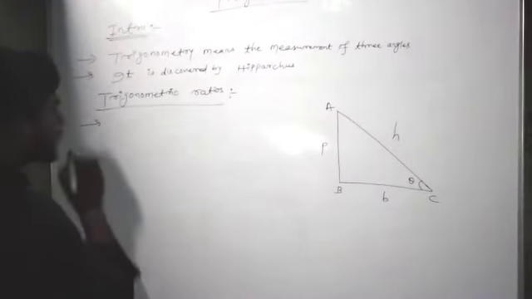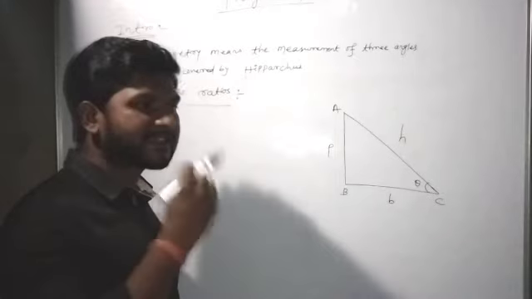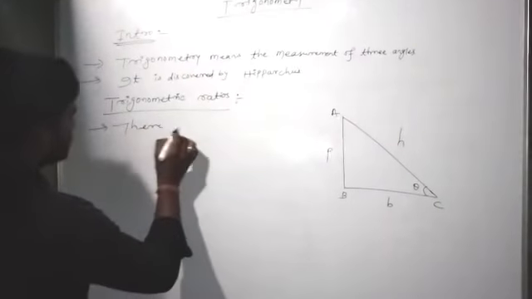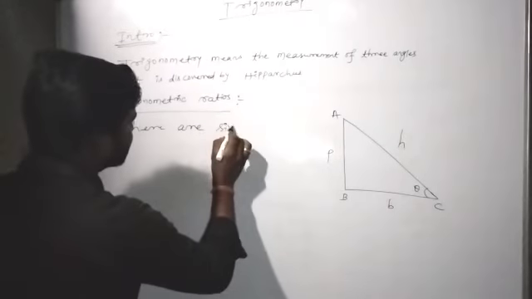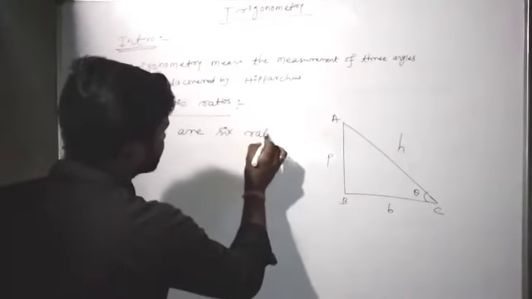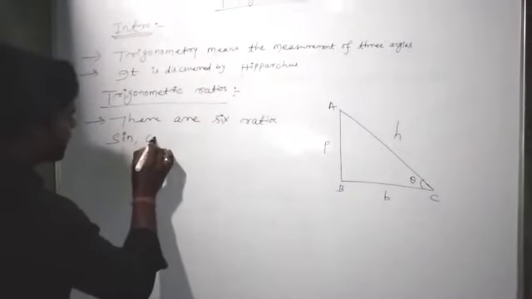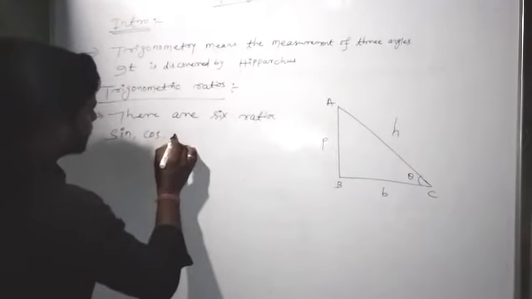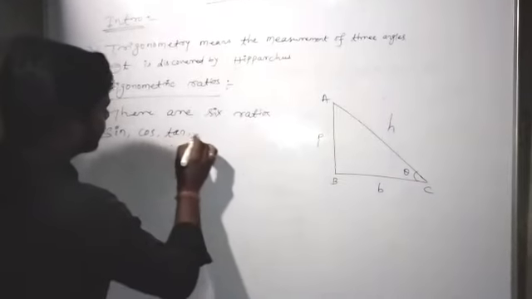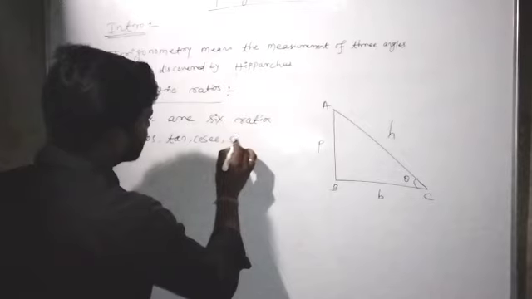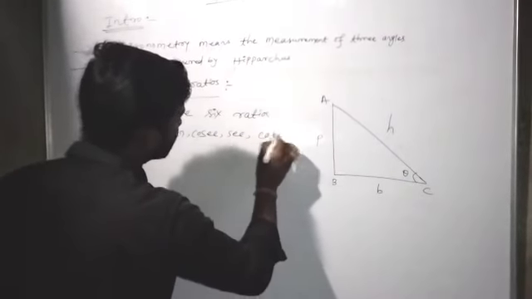So there are six types of trigonometric ratios. One is sine, second is cos, tan, cosec, sec, cot.